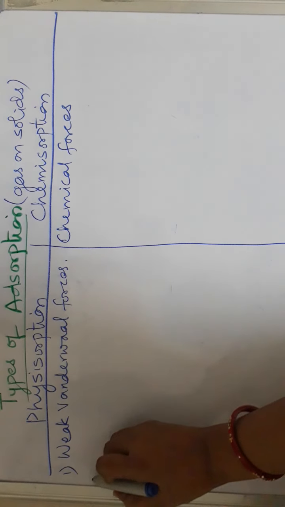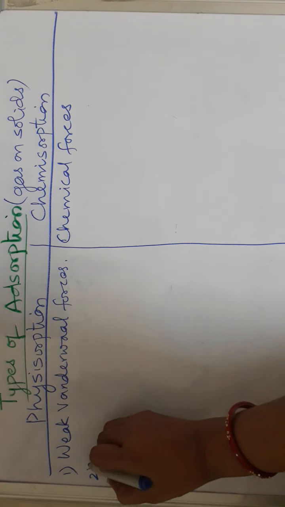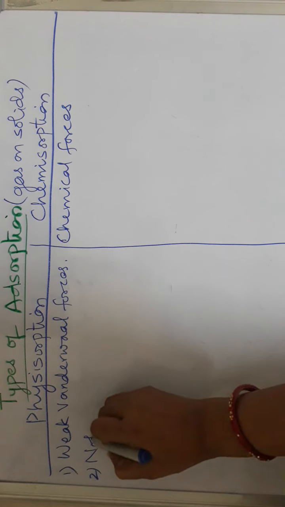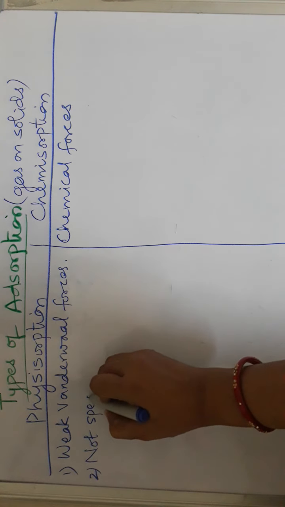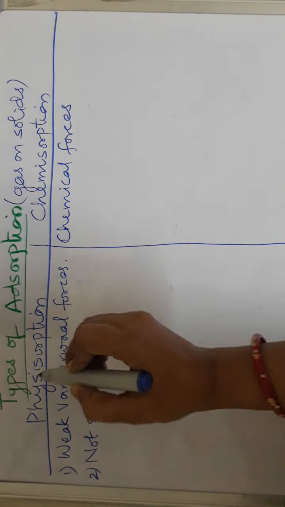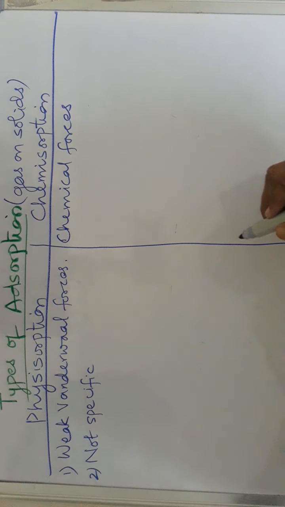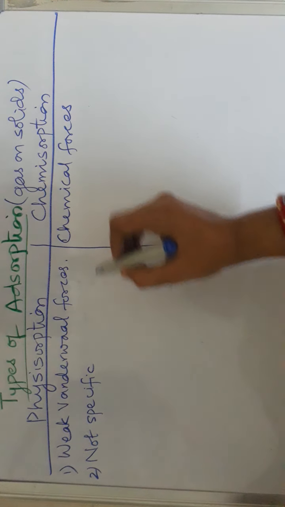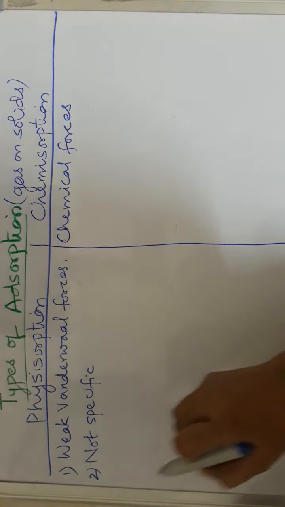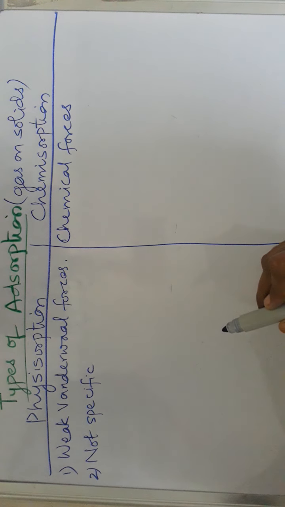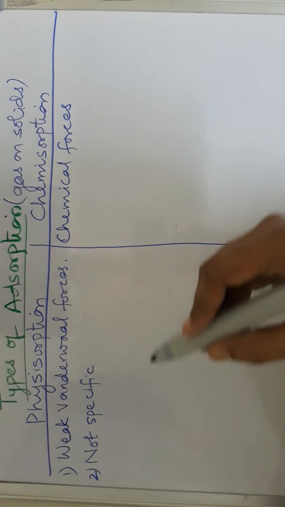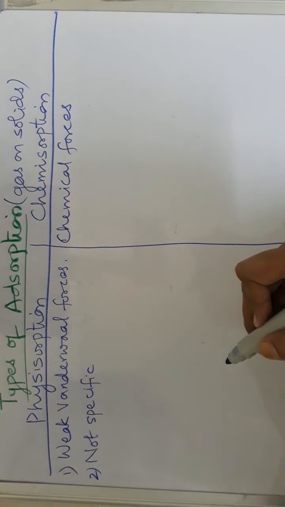Physisorption is not specific in nature. What do we mean when we say physisorption is not specific? It means any adsorbent or any surface can adsorb more than one kind of adsorbate molecules.